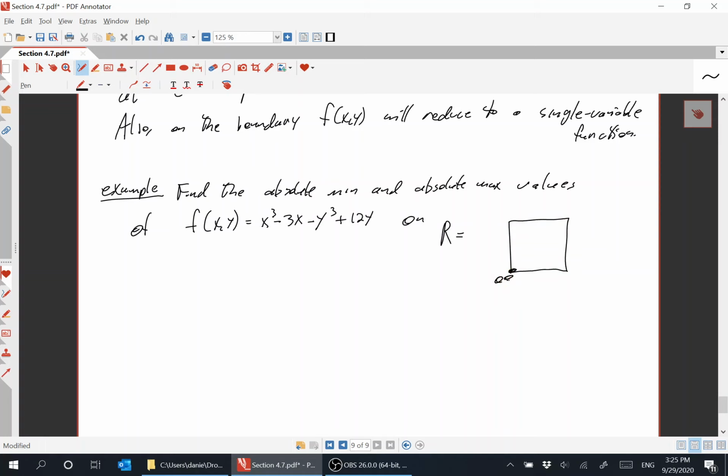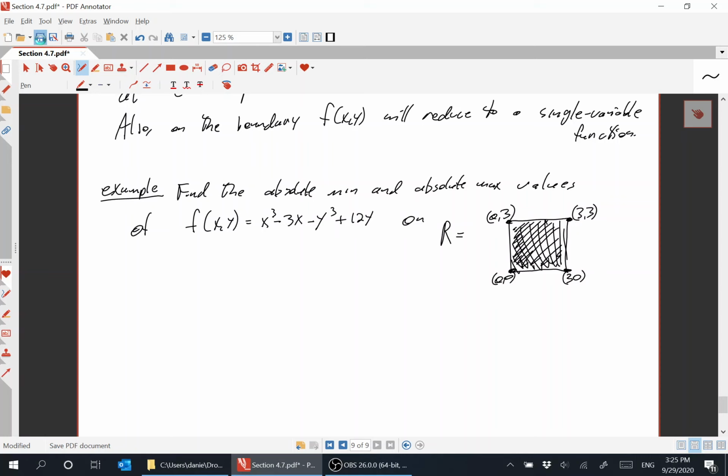So the square here, where this is (0,0), (3,0), (0,3), (3,3). So we've got this square here, and we want to find the absolute max and absolute min values on this region here.